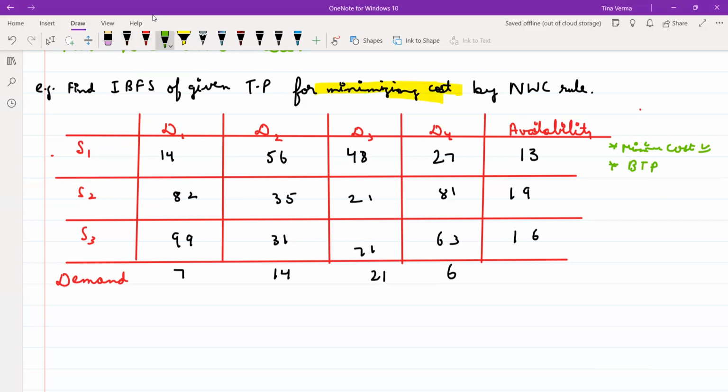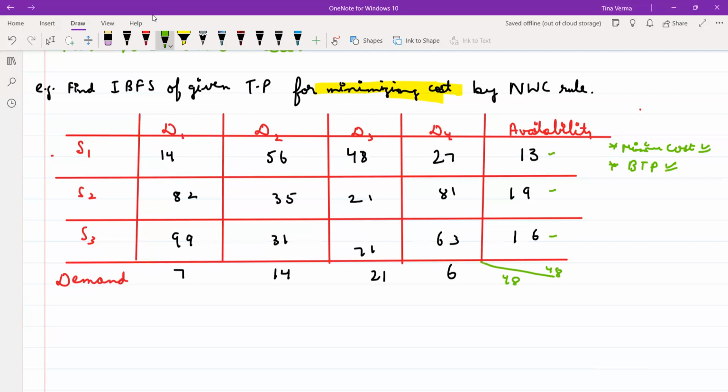How do you check? You sum over the a_i, that means 13 plus 19 plus 6, which comes out to be 48. 7 plus 14 plus 21 plus 6 is also 48. So yes, this is a balanced transportation problem. Now I can apply any method.